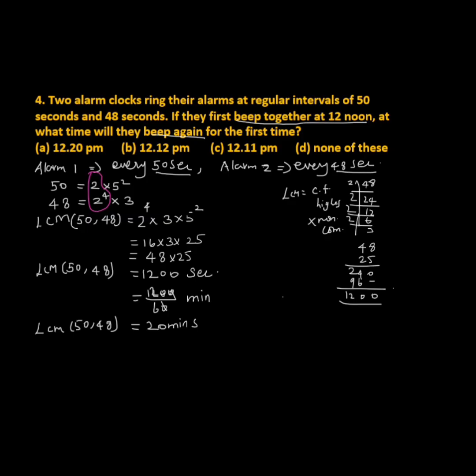So after 12 o'clock, after 20 minutes, both the alarms will ring together, at 12:20. The options are given as PM: 12:20 PM, 12 PM, 12:11 PM, none of these. So the correct option is A, 12:20 PM.